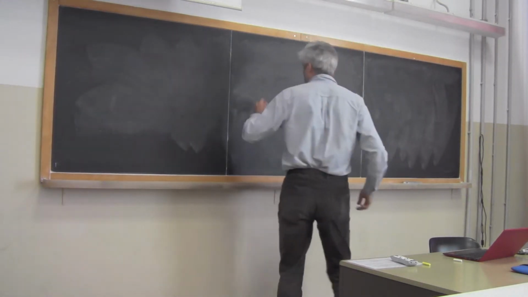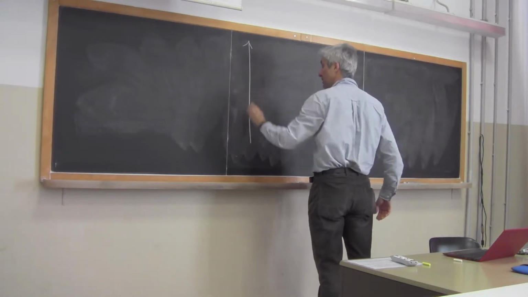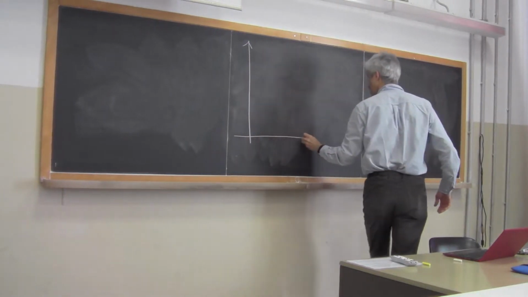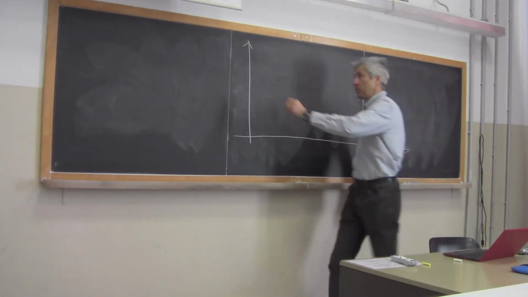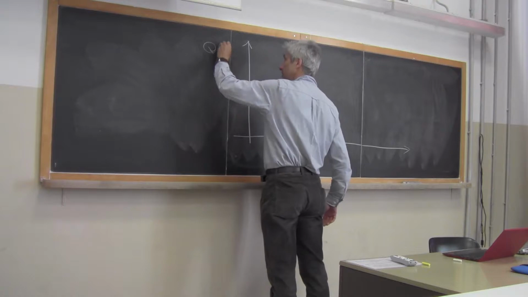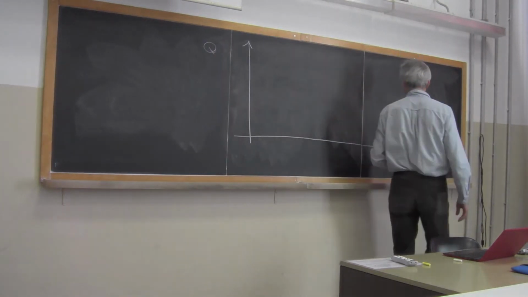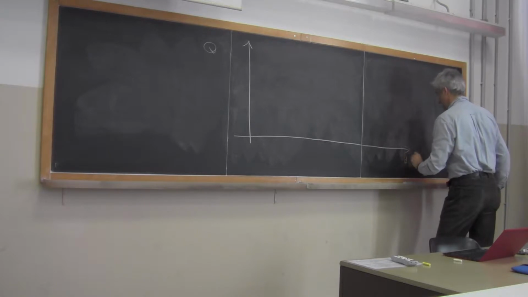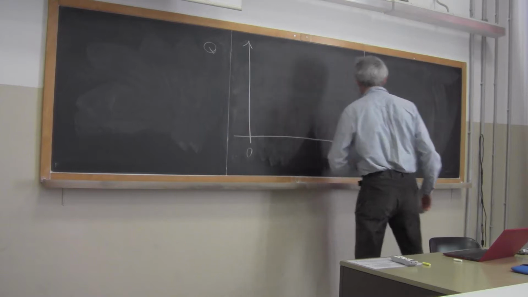So let's now draw a big flow duration curve. Q, and D. Okay, D can be between 0 and 1.